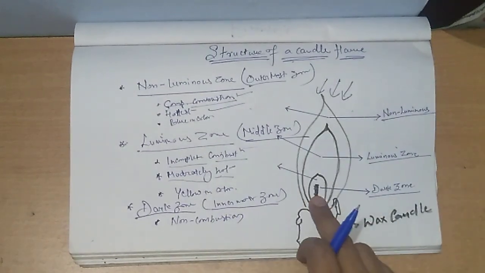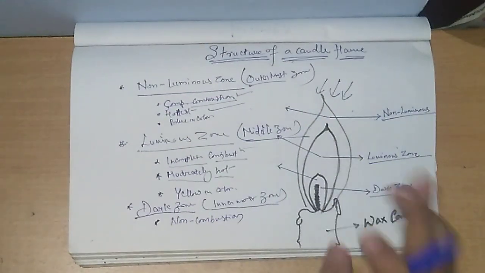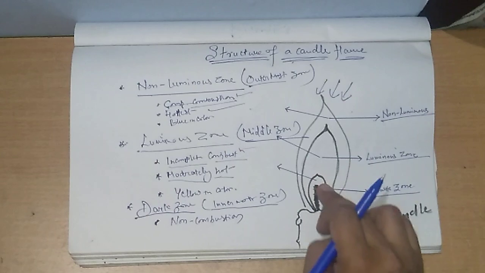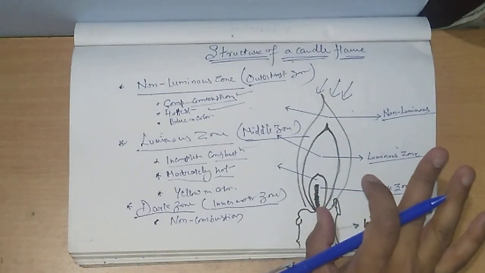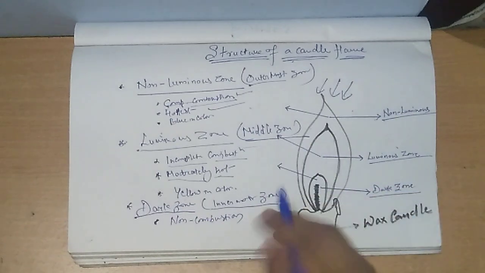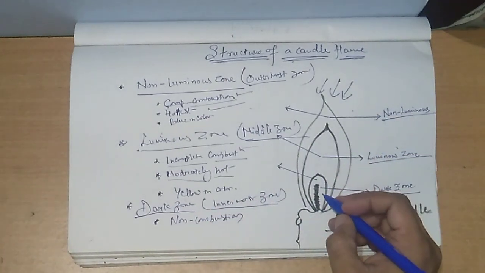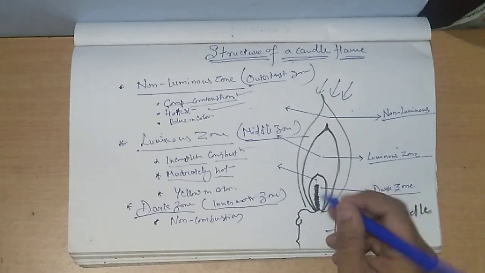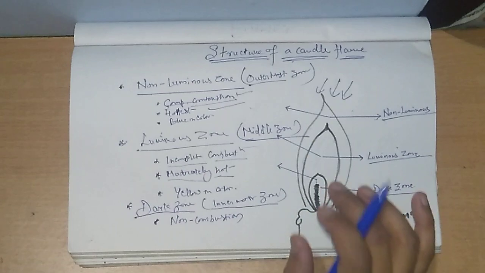There is no combustion taking place in there. Outermost zone, complete combustion; middle zone, incomplete combustion; and the innermost zone, non-combustion zone. And why is it happening? Because there is no air reaching the innermost zone. So due to the non-supply of air, this undergoes non-combustion.